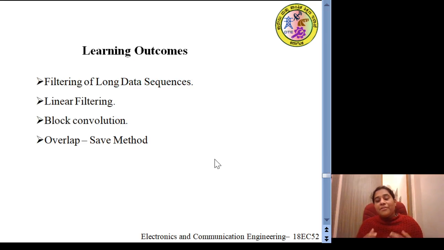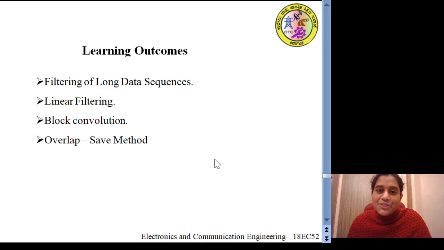So with this, hope we understood from this session how to filter long data sequences, and we also highlighted the linear filtering concept. Then we came to the block convolution method. While discussing the block convolution method, we considered the overlap save method in this session. So let us see how we have understood the concept.